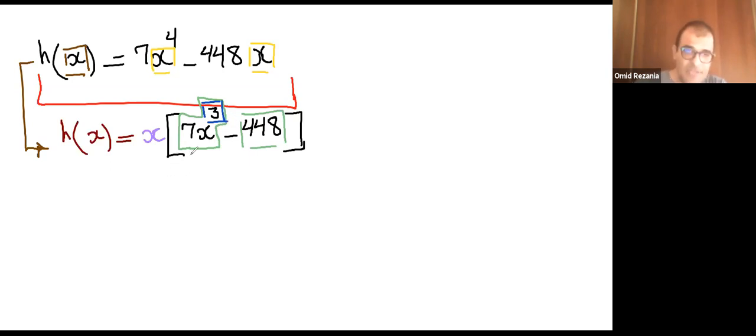Why? Because when we factor x out, it gets so close: we have x cubed here, and two expressions subtracted from each other. Then maybe I can lead to a cube identity.